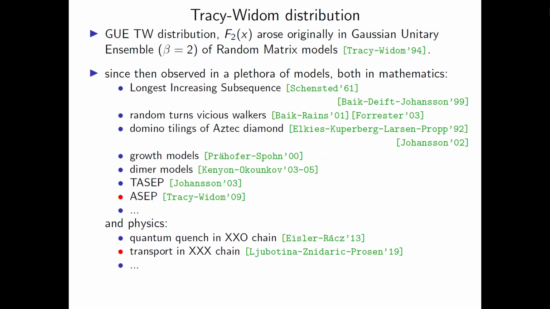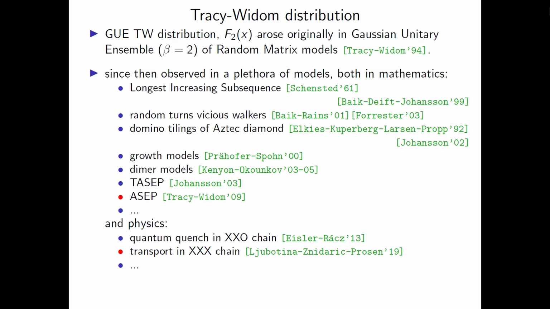But if you think a little bit, you realize that most of these models are in projection with random matrix models or non-intersecting lattice paths or tilings, and they are all determinantal models. That is, all correlation functions and all statistics can be expressed in terms of the determinant of some kernel.